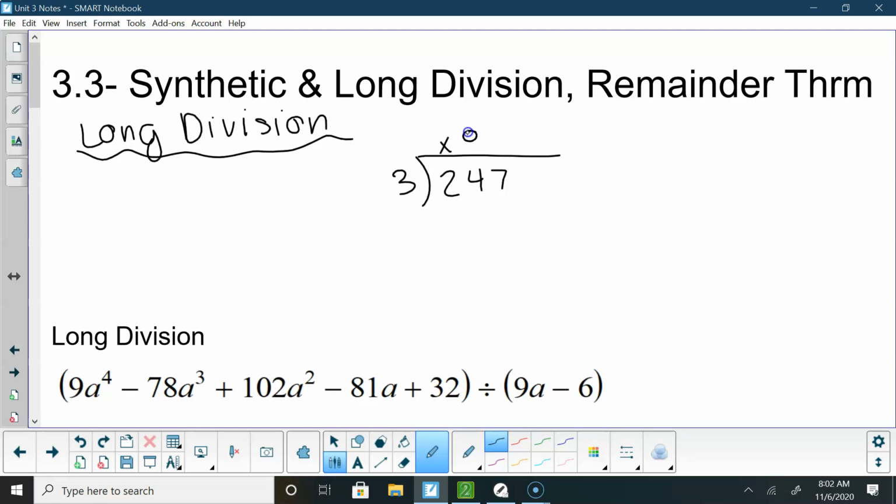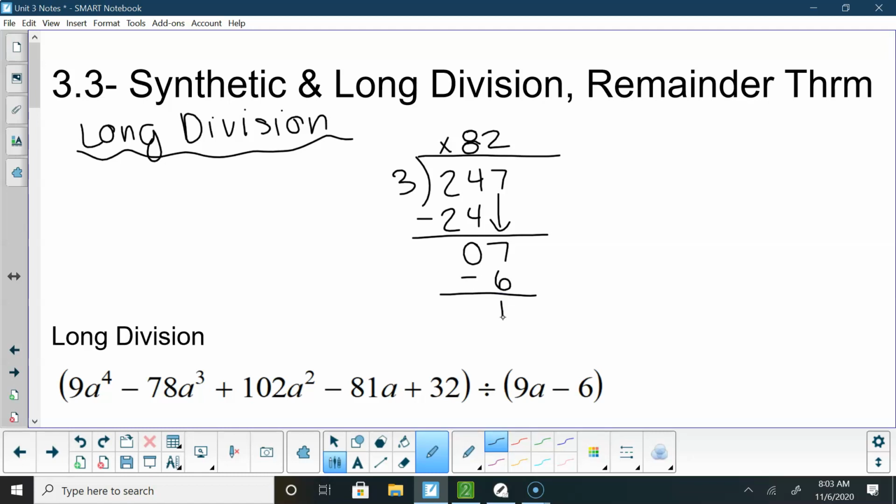And I know I can fit 8 3s into 24. So 8 times 3 is 24. I write my 24 down here and I subtract. I get 0. Drop down the 7. How many 3s can I fit within 7? 2. 6, minus, remainder of 1.